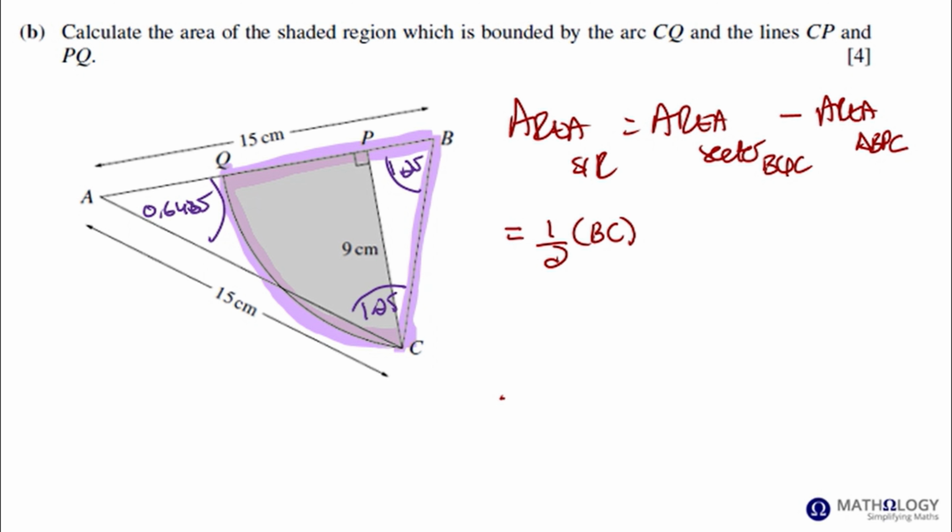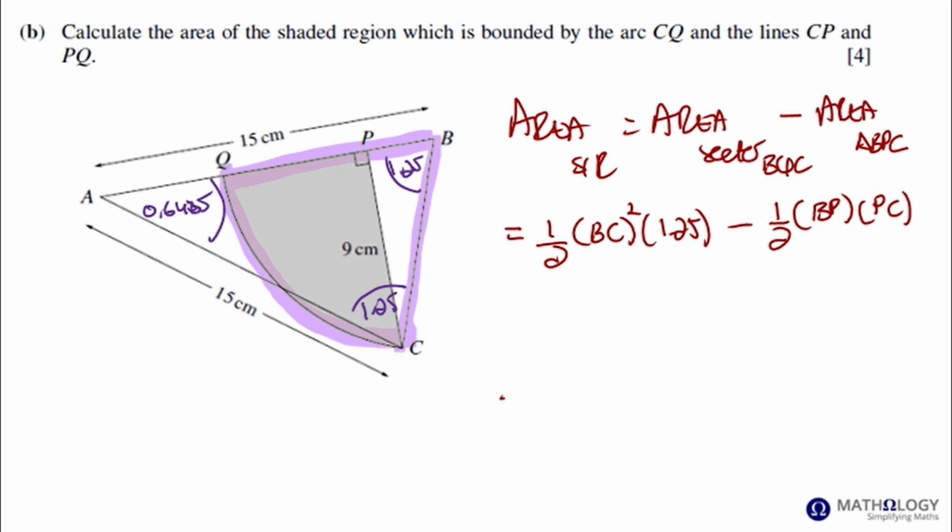So half BC squared times the sector angle of 1.25, minus the area of the right angle triangle BPC, which is a half base times height, so half BP times PC. BC we can determine in the right angle triangle because it's the hypotenuse relative to the angle 1.25 radians. 9 is the opposite side, PC, and BC is the hypotenuse.